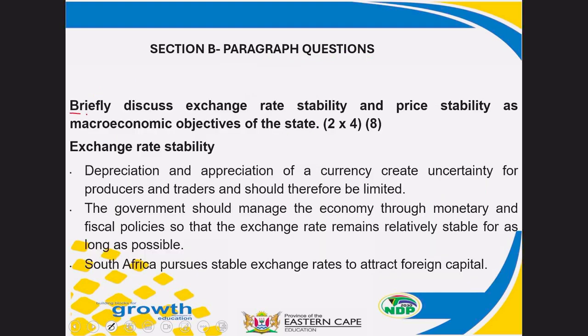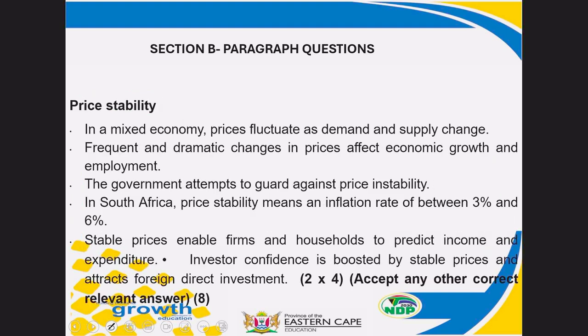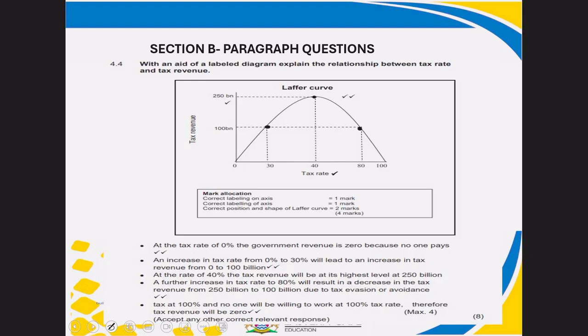But if they say briefly describe and they give you maybe exchange rate stability and price stability, there's no need for you to match the points. You can describe them anyhow. You describe your exchange rate stability and you move on to the next one. You explain your price stability. There is no need for you to match them.